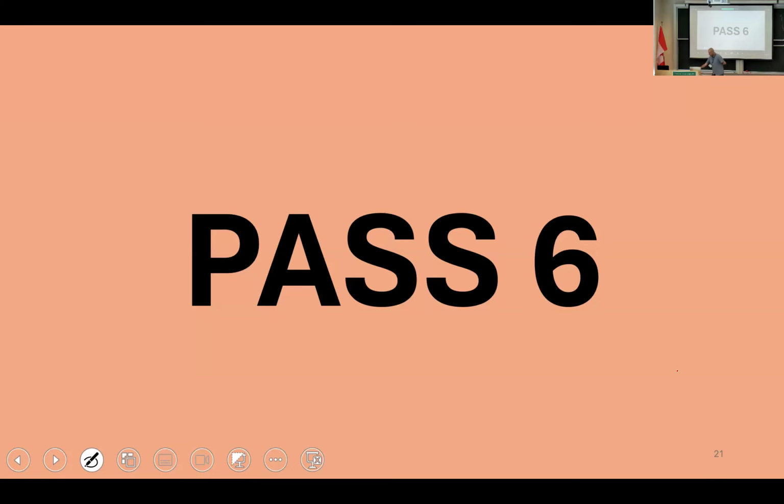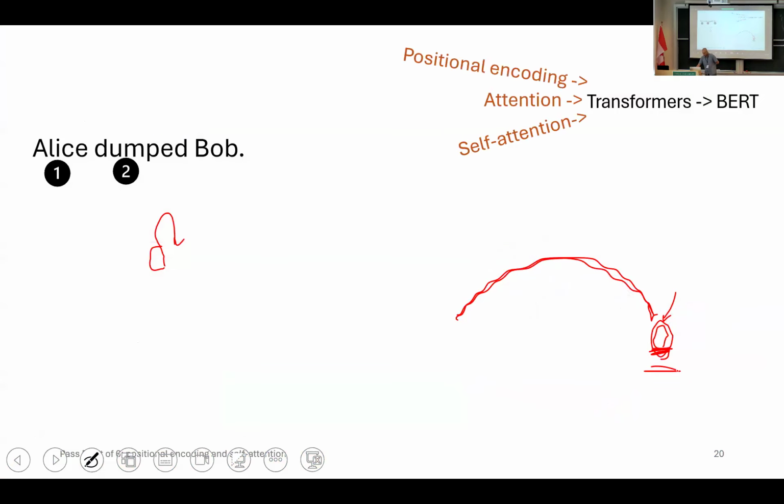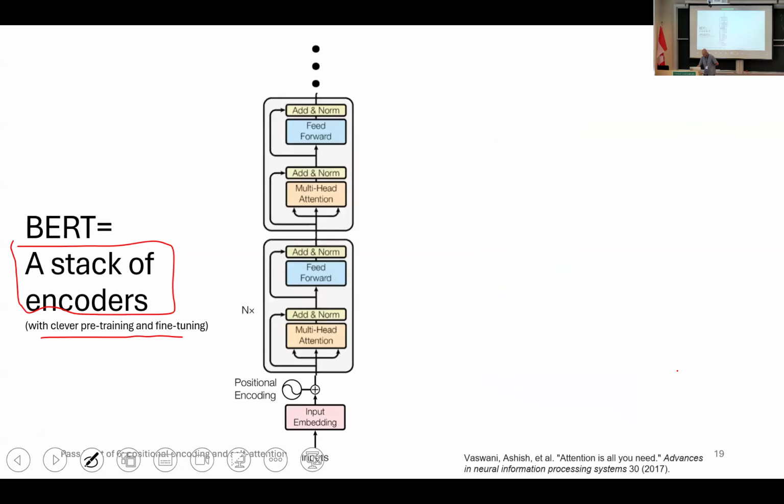So this is the part of the definition that we're now going to make a bit more precise. BERT is a stack of encoders, but it's not just a magical stack of encoders that accidentally work. It has clever pre-training and fine-tuning.